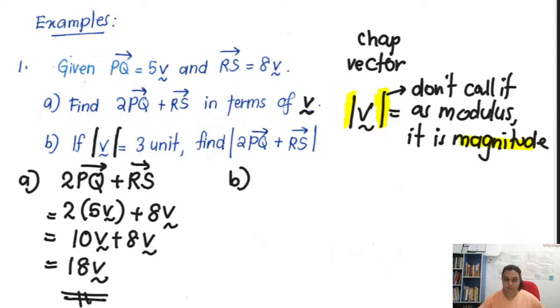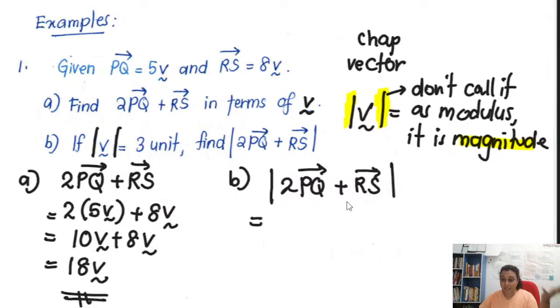Alright. So, B. Find the magnitude of 2PQ tambah RS. Okay, PQ and RS we already added just now, isn't it? So you straight away just write the answer lah. 18V. Sorry, the A just now, we got the answer already. What is V? There they give you the unit here.